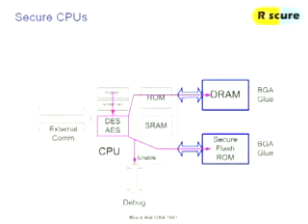Just a short break back to secure CPUs. So what we're seeing is that instead of a CPU being dependent on external storage and crypto and software, CPUs are changing in that they are actually storing secret keys inside themselves.